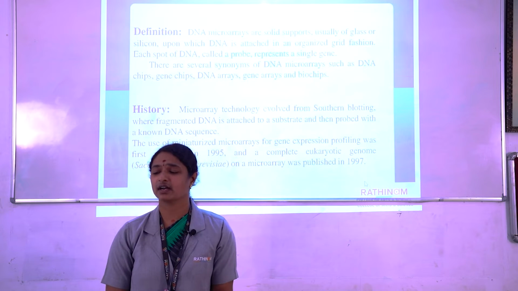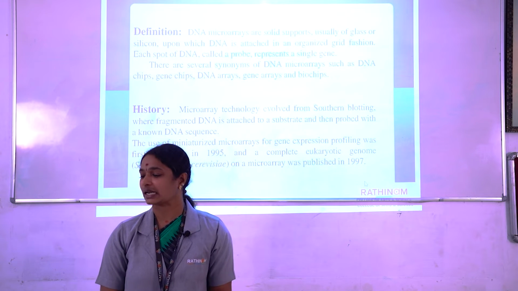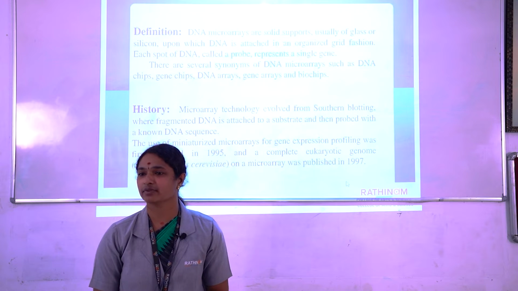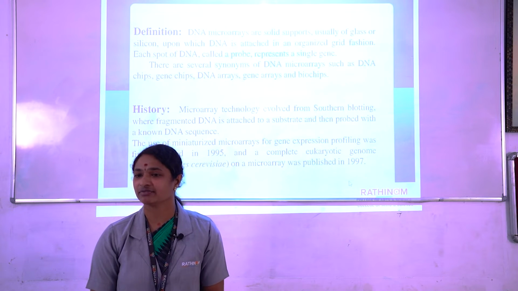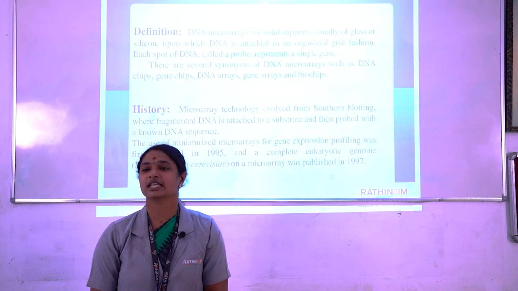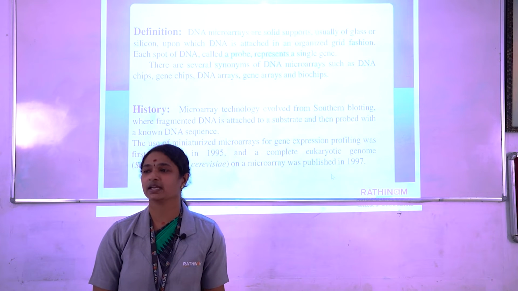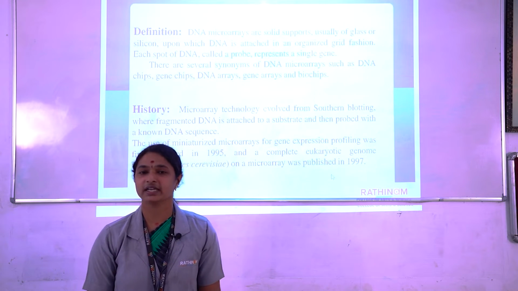We will discuss that part in future classes. The miniature DNA chip technique came in 1995, and entire genome profiling was done for the microorganism Saccharomyces cerevisiae, published in 1997.